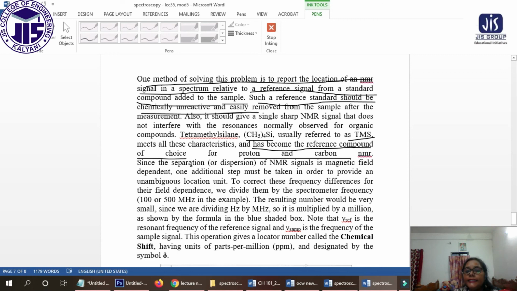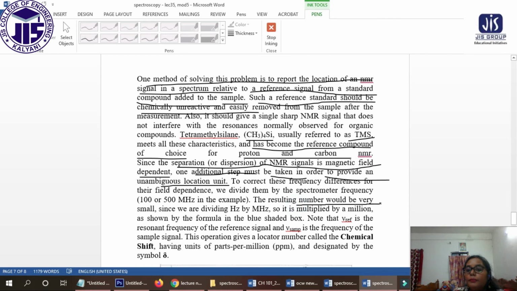Since the separation of NMR signals is magnetic field dependent, a one-dimensional step must be taken in order to provide an unambiguous location unit. To correct these frequency differences for their field dependence, we divide them by the spectrometer frequency, for example 500 to 1000 megahertz.